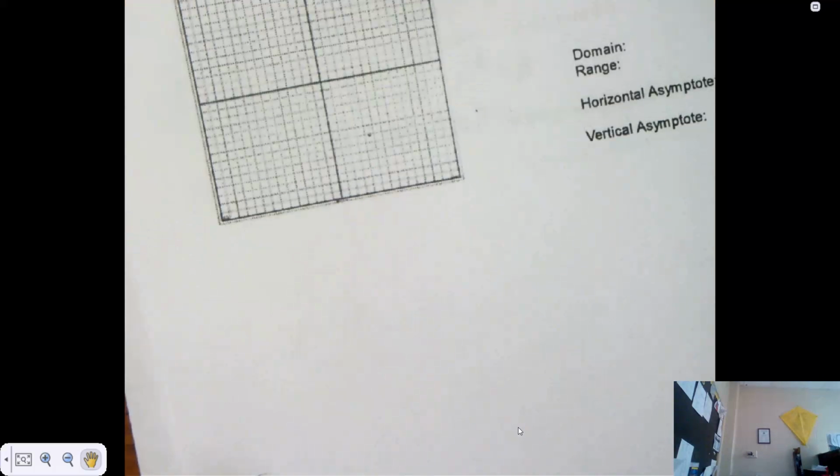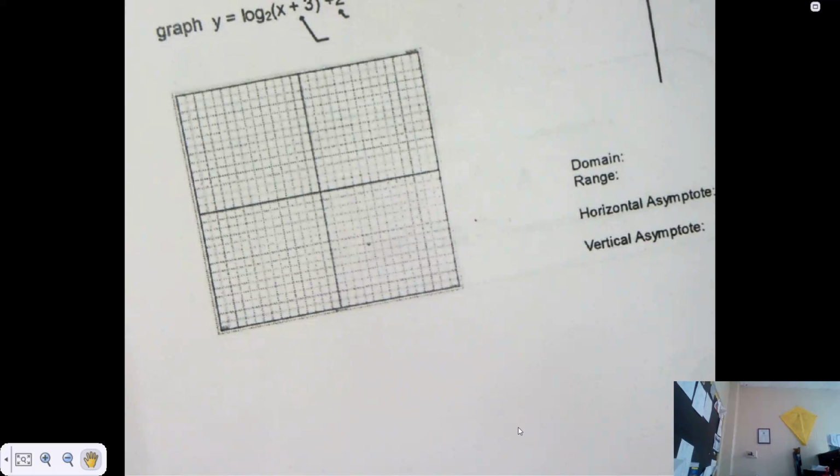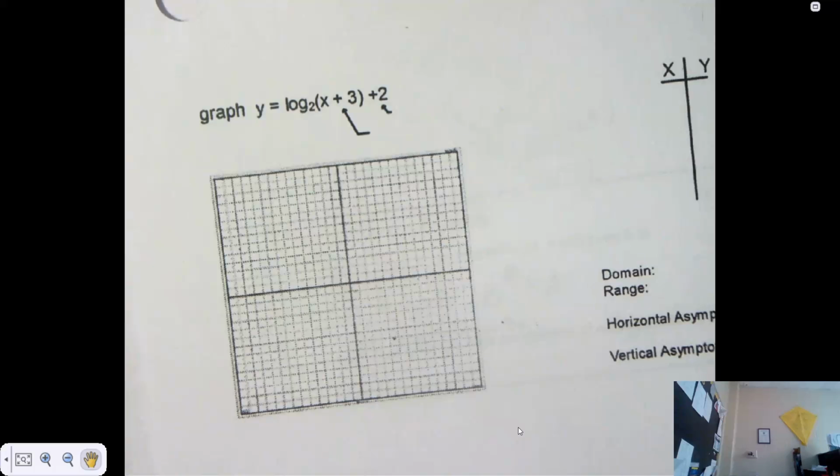I want to get through at least one graphing problem. Graph y equals log base 2 of x plus 3, plus 2. This won't be too bad, I promise you. How's it telling you to shift? Left 3, up 2.